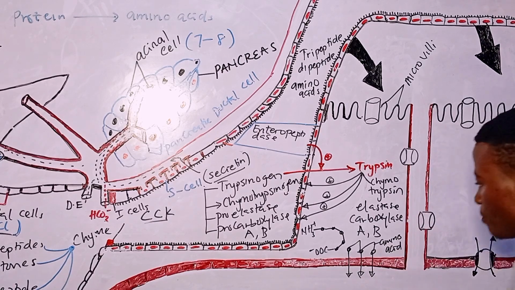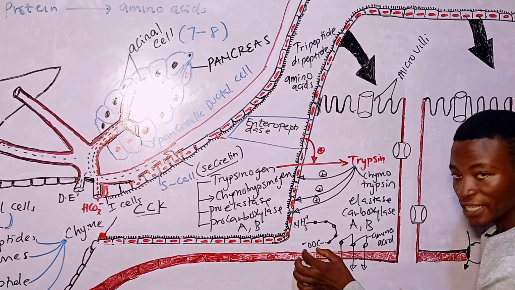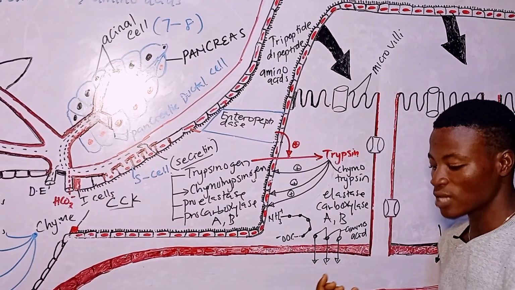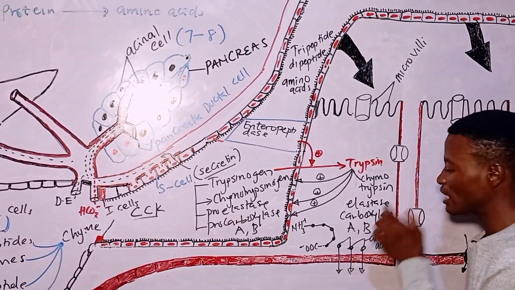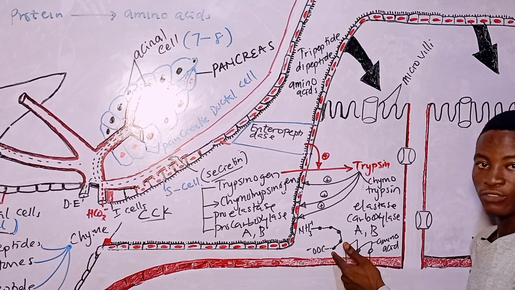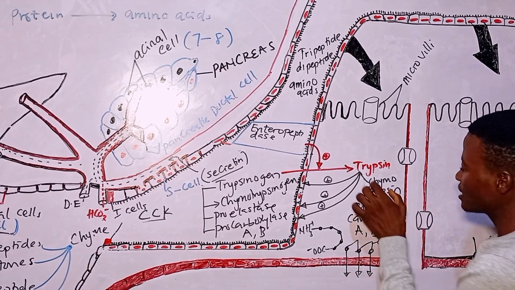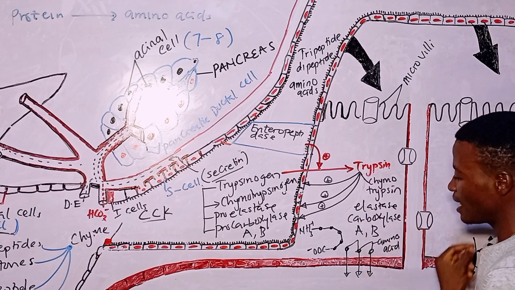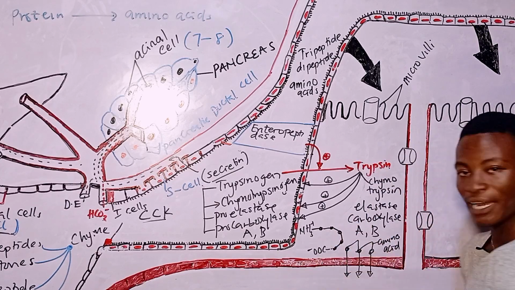For example, pro-carboxylase is acting at the carboxy end, which is basically the first one, as an exopeptidase. So pro-carboxylase is a type of exopeptidase because it acts at the beginning, at the carboxy end of the protein or polypeptide chain. Then from there, chymotrypsin, trypsin, and elastase act inside the protein.